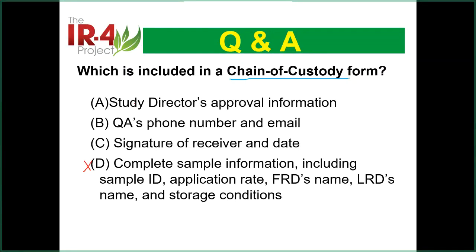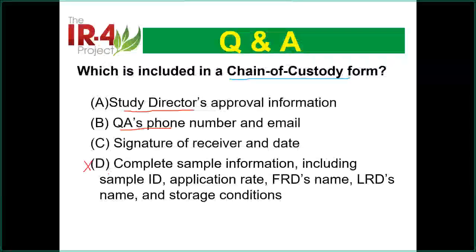Okay, A is not right either because the study director is not a part of this shipping. Yes, you need to tell them, but it's not on the list. And you need to tell QA what's going on, but that does not mean QA's information must be on there.